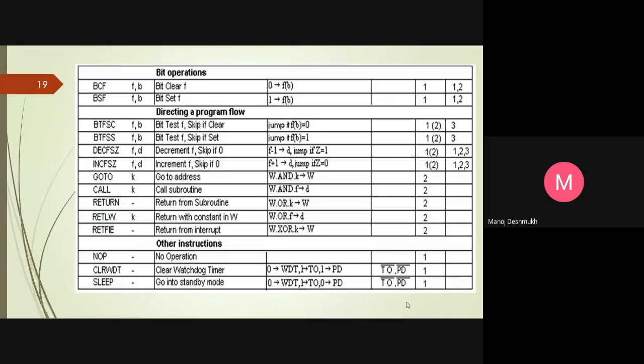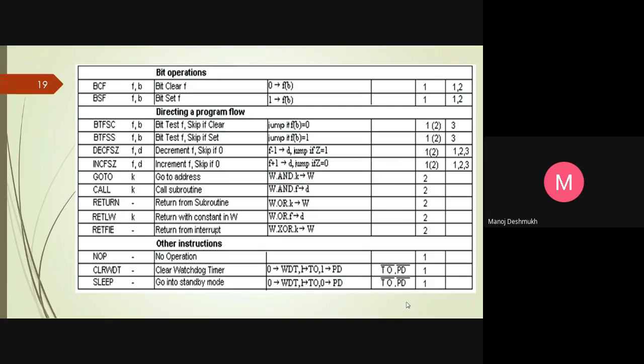Similarly, BCF PSW comma 1. From PSW position 1, we start with 0, 1, 2, 3, 4, 5, 6, 7, so total 8. So whenever we mention B, that is 0, 1, 2, or 3, for that particular number the bit is automatically cleared.